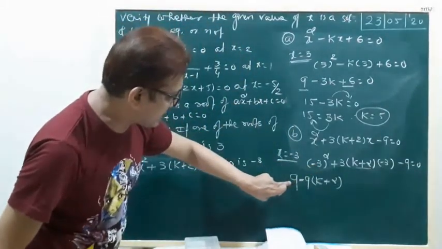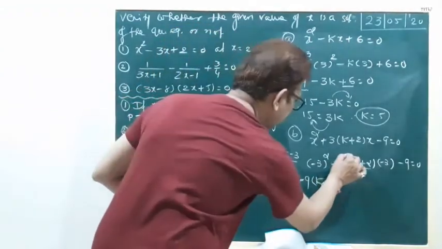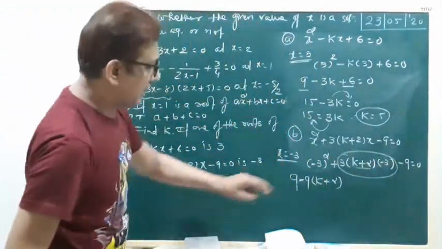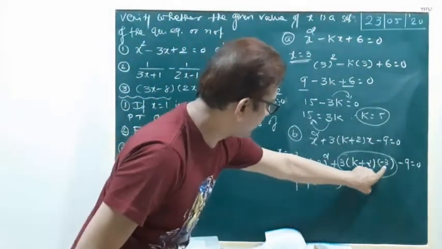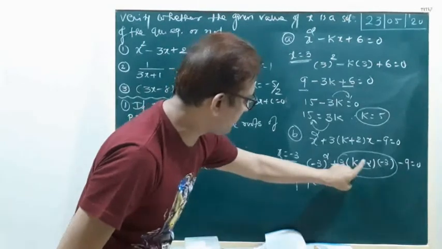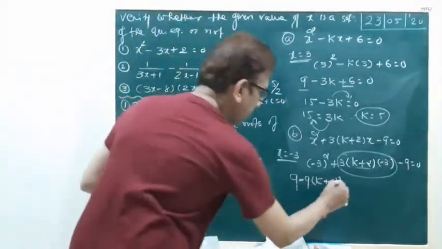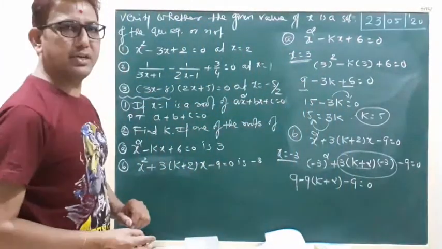Minus 3 square is 9. k plus 2 as it is, we are multiplying by this 3 and this number. So 3 times minus 3 is minus 9, and k plus 2 as it is. Okay, then minus 9 equal to 0.